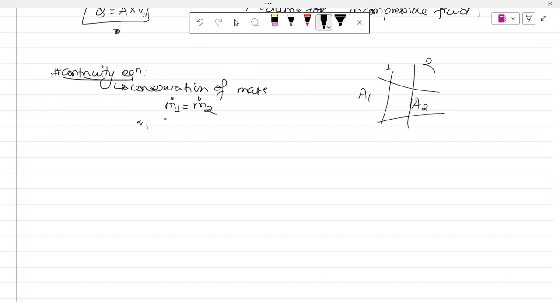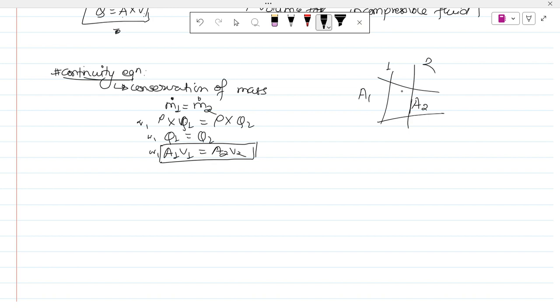So it is density times Q1 equals density times Q2, so Q1 equals Q2, and the volume flow rate is A1 V1 equals A2 V2. Hence this is our continuity equation for the diverging flow.